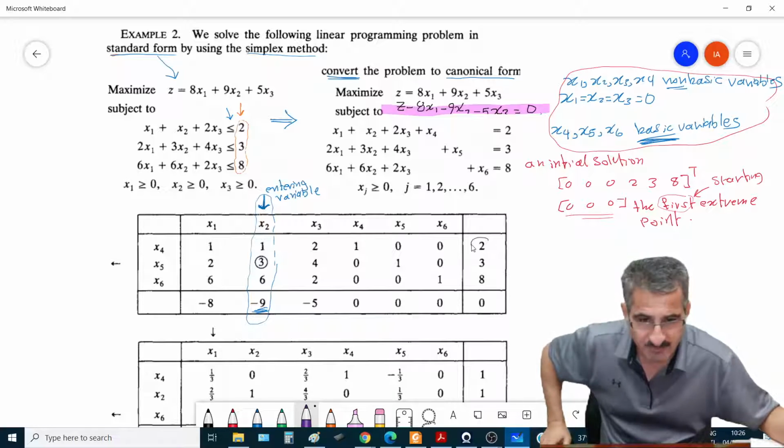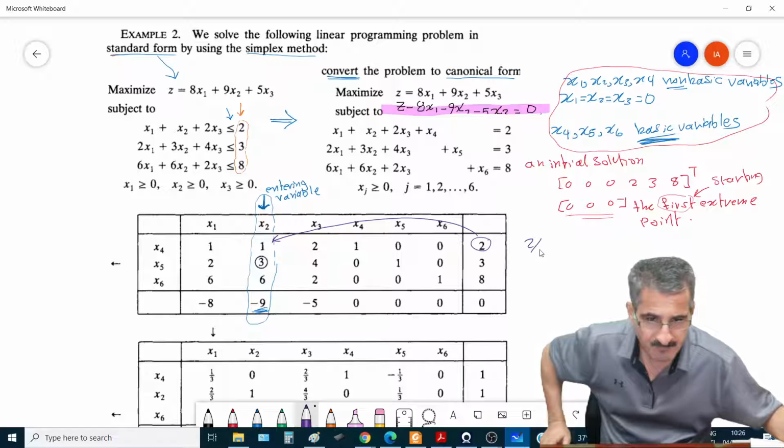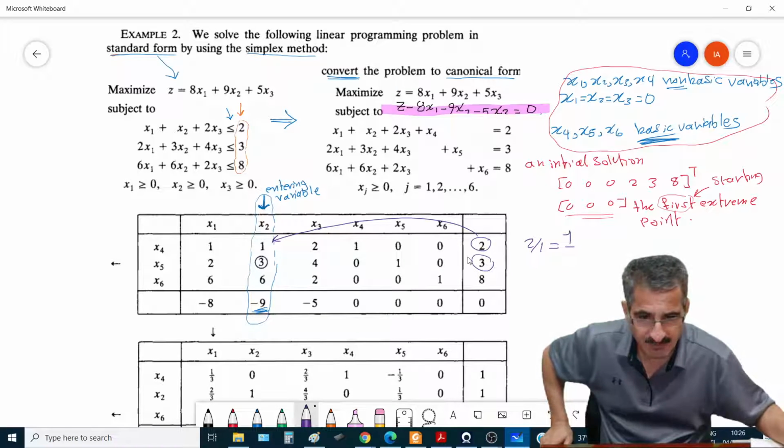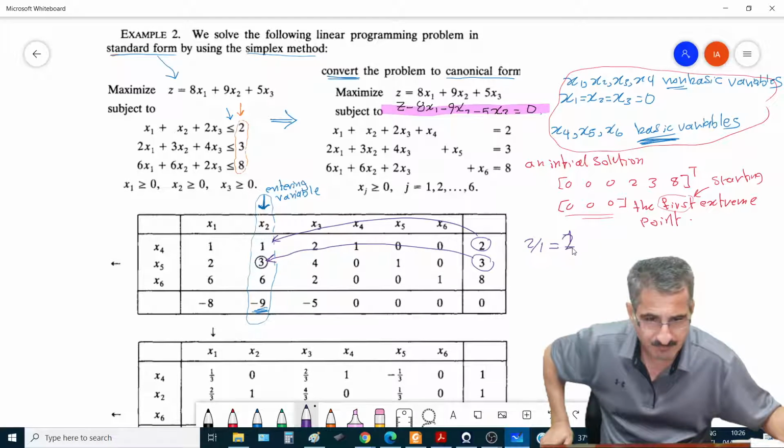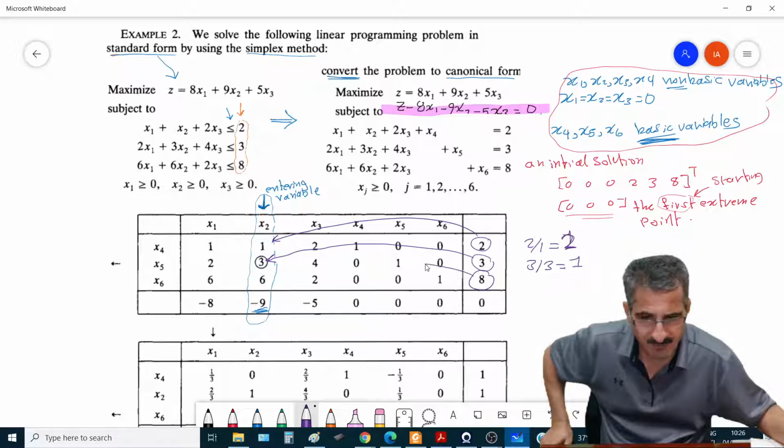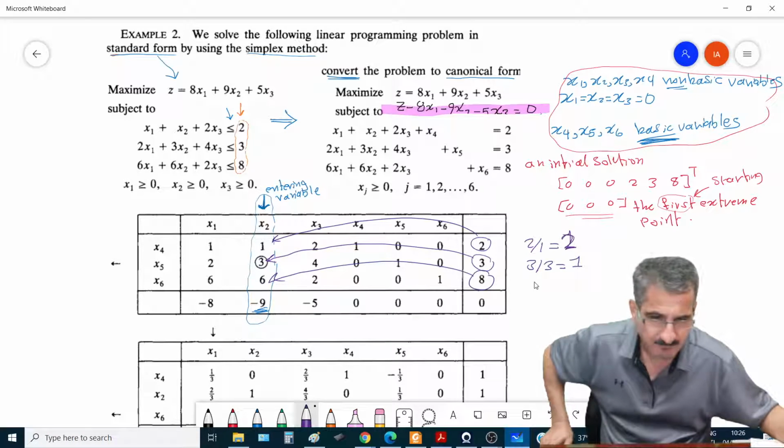We will divide 2 over 1, which gives us 2, and divide 3 over 3, we get 1, and divide 8 over 6, which is 4 over 3.